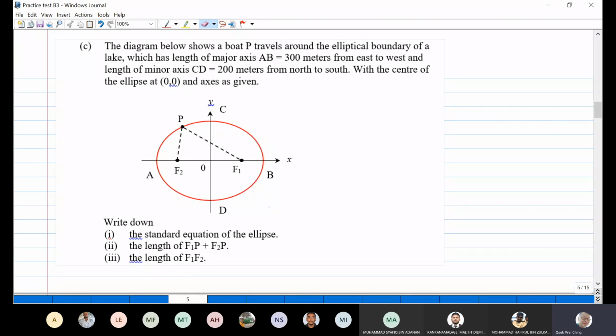The length of major axis is 300, moving from east to west, and the length of minor axis CD is 200 meter from north to south. Center origin. Write down the standard equation of an ellipse now.